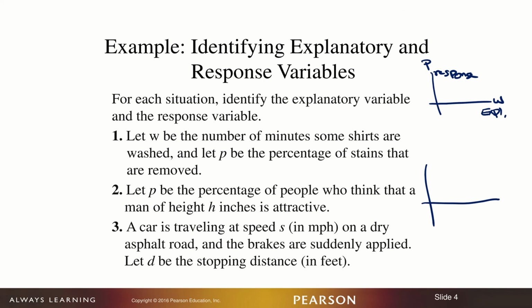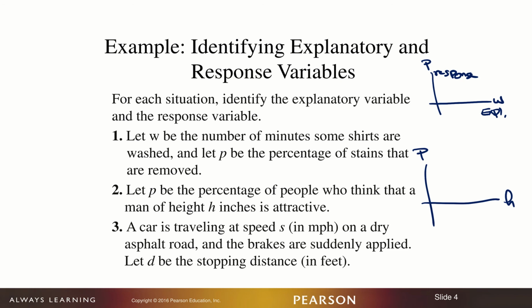Notice how putting the percentage on the horizontal line wouldn't make any sense, because it's not the percentage of people who think that a man of height h is attractive that makes the man of height h attractive, but the other way around. So we're assuming it's the height that is going to be the explanatory variable, and the percentage of people who find the person attractive will be the response variable.